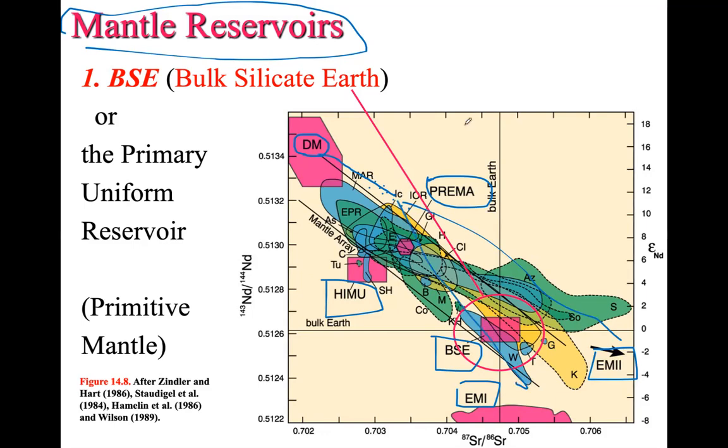Because if you have one component here and another component here, your composition should lie in between these two. In this case, we call it two-component mixing. So your sample might have suffered some mixing process with equivalent compositions from component 1 and component 2.